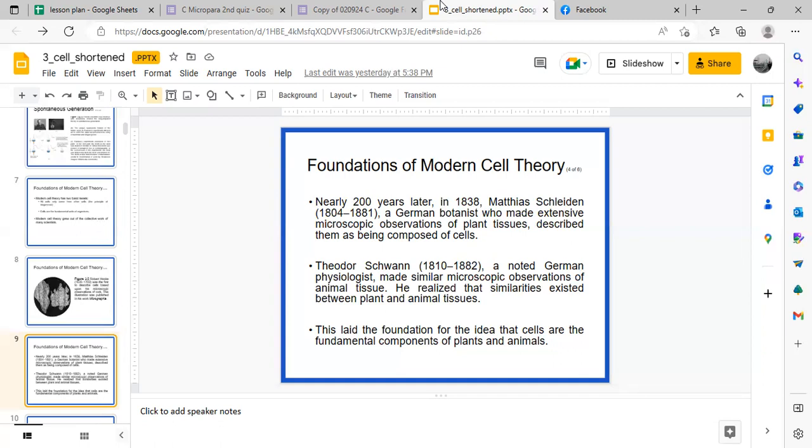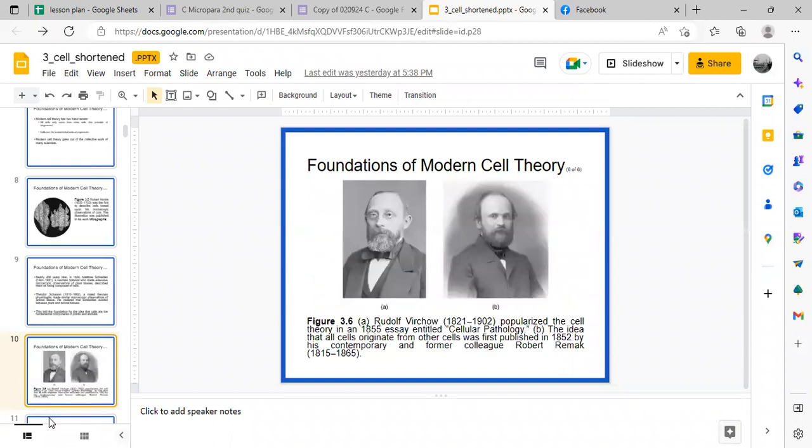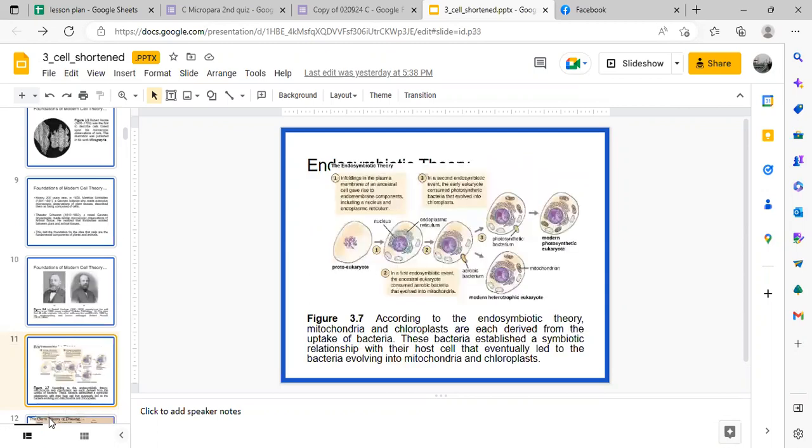So this idea that plant and animals are made up of cells eventually was established by Virchow. So he popularized the cell theory together with his colleague Robert Remarque. Okay? So yun, na-establish na yung idea na cells are the fundamental units of life, and other cells come from other cells as well. Okay?